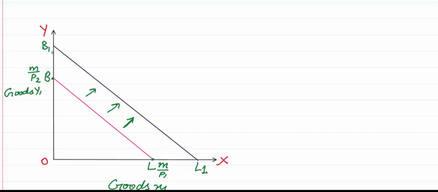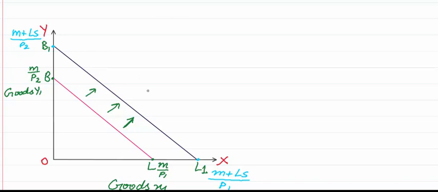Now the budget line B1 L1 has the intercept of M plus LS, lump sum subsidy, divided by P1 on the x-axis at point L1, and M plus LS, the new income of the consumer due to lump sum subsidy being given to him, by P2, the price of second commodity, which is same as it was earlier for the budget line BL.